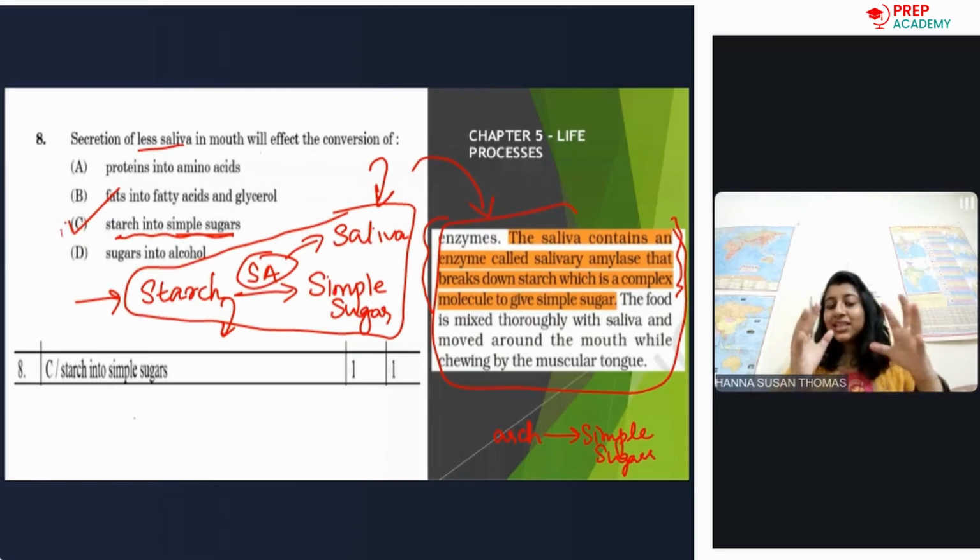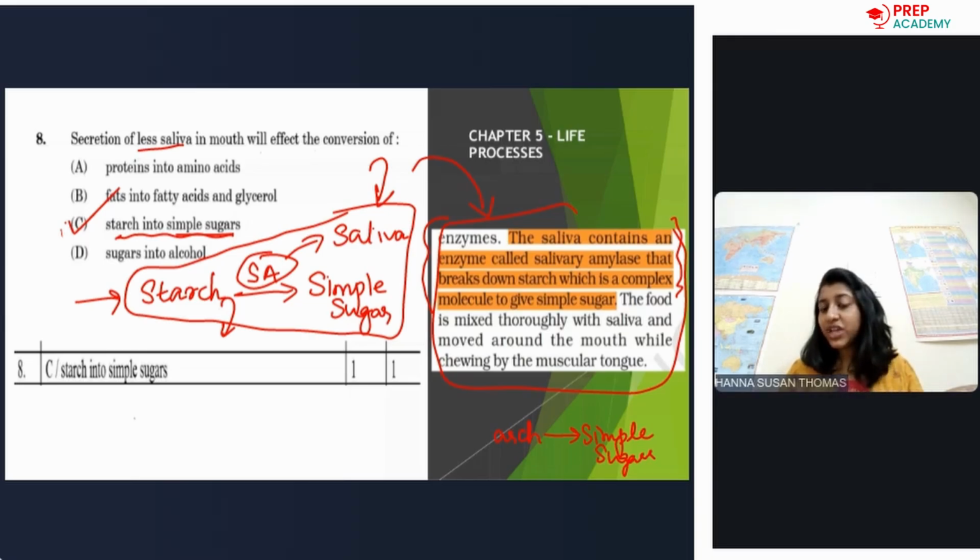As you can see in this slide, I have given three screenshots and the chapter name. The first screenshot is the question. Under the question, you can see a screenshot of the answers given in the official answer key of the CBSE board, officially released by CBSE. On the right-hand side, you can see the name of the chapter from which this question has been taken.